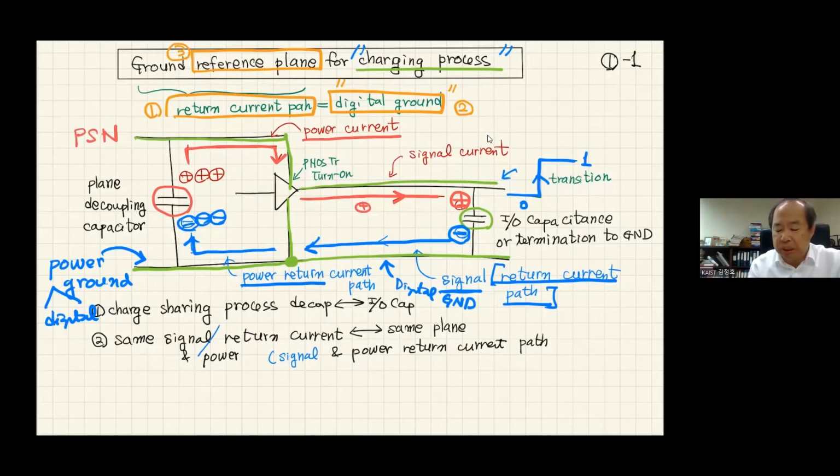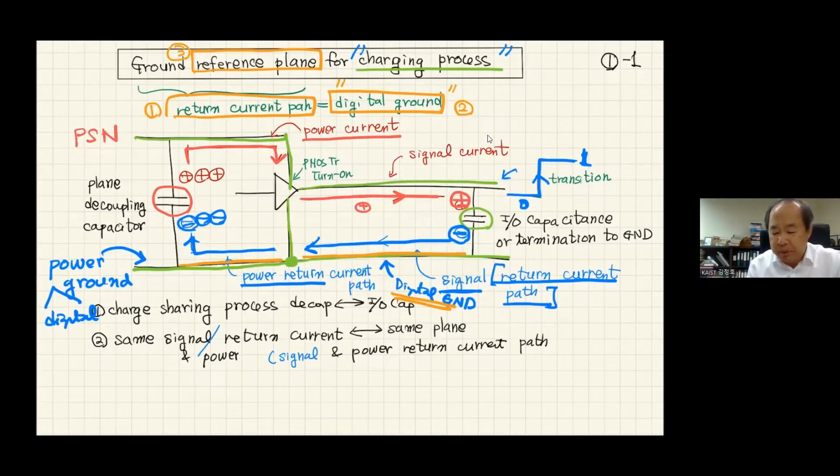Charging means the IO signal has a transition from 0 to 1. But the interesting thing I would like to emphasize at this moment is that we have a signal return current path, which provides the path for the return current of the signal, and also we have a power return current path. Two separate paths.